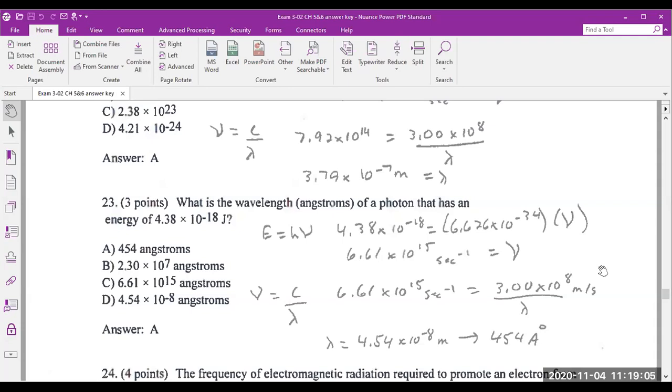Now that we know our frequency, we can use frequency equals c divided by wavelength to find the wavelength. And so we plug in the speed of light value and the frequency value, and we get a value of 4.54 times 10 to the minus 8th, and that's 454 angstroms.